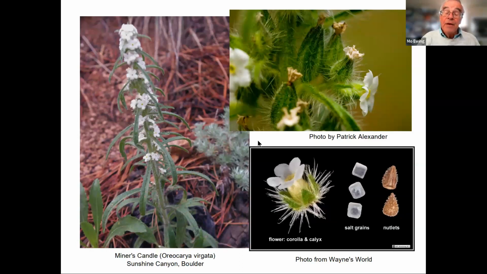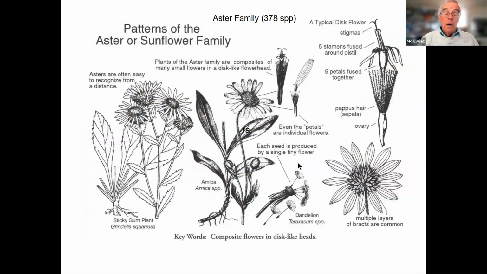Okay, so the last family is one of the most complicated in Colorado. It's the Asteraceae family, the aster family. There are 378 species. The family is pretty easy to identify because it has what's known as composite flowers, disc and ray flowers. If you look at this whole flower here, that's not one flower.